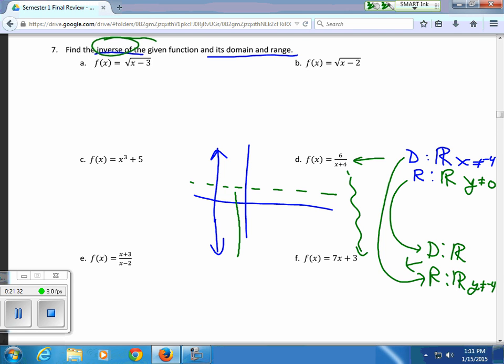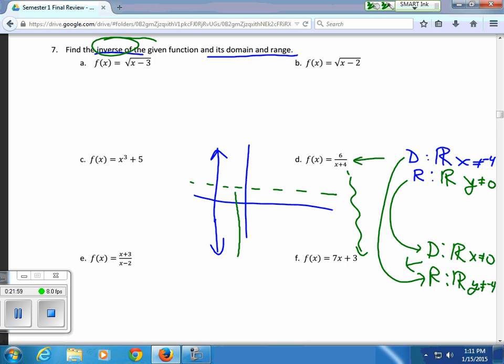I say all reals except domains are supposed to have x's in it. X cannot be 0. Could I have written that in interval notation? Yes, that would have been great. Well, remember, go to the directions. If the directions don't say, you got your choice.